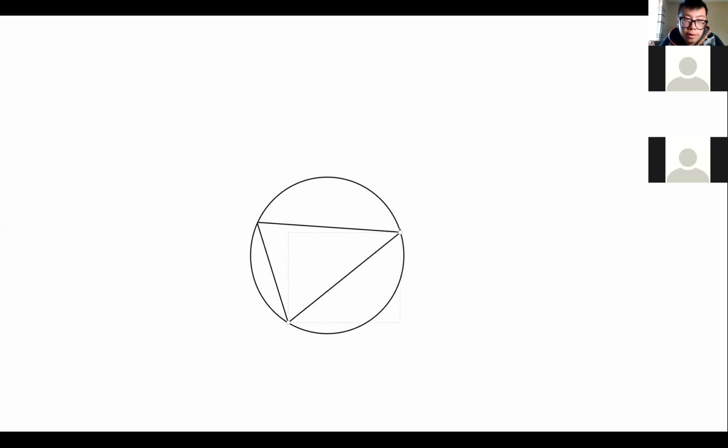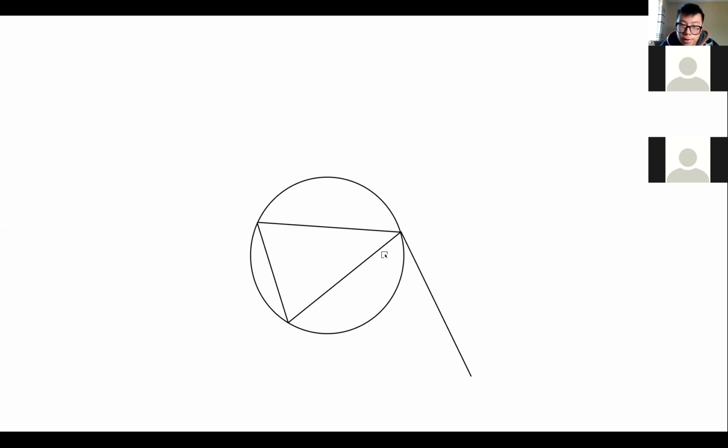All right, and finally, let's get our tangent line. Just draw it right there. Okay. So here's our tangent line, and here's our inscribed triangle, which is inside the circle.